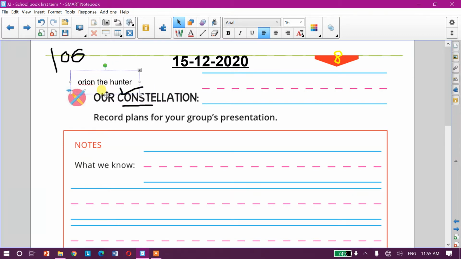The second one: Canis Major, or the Big Dog. Canis Major and Orion the Hunter. So what will we talk about in our constellation lesson?